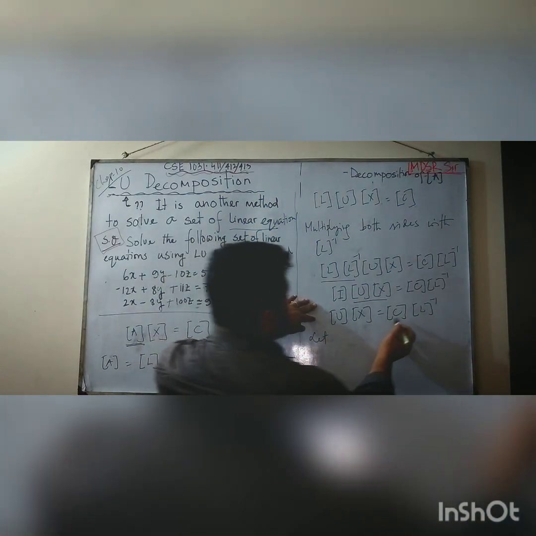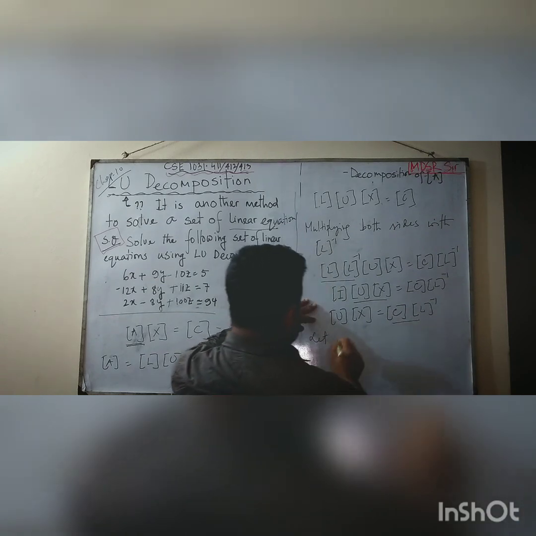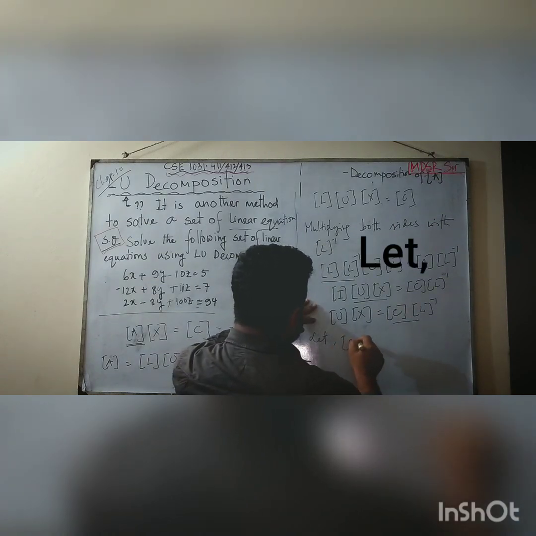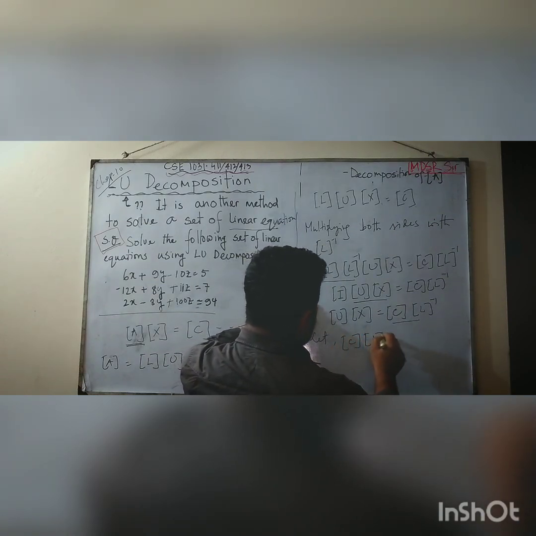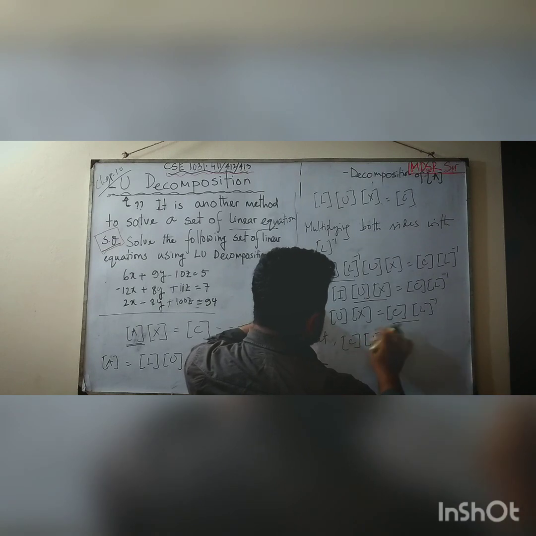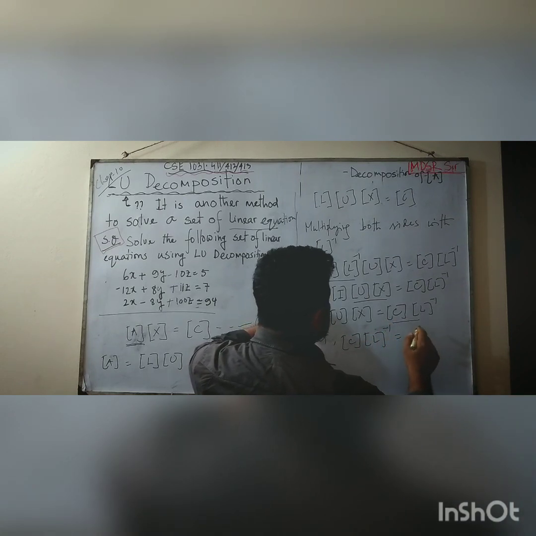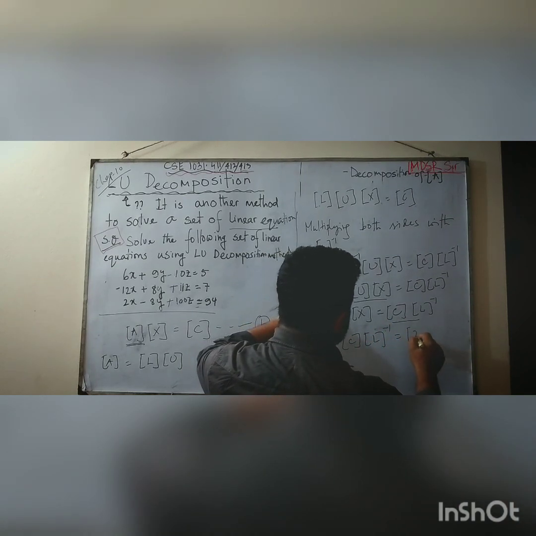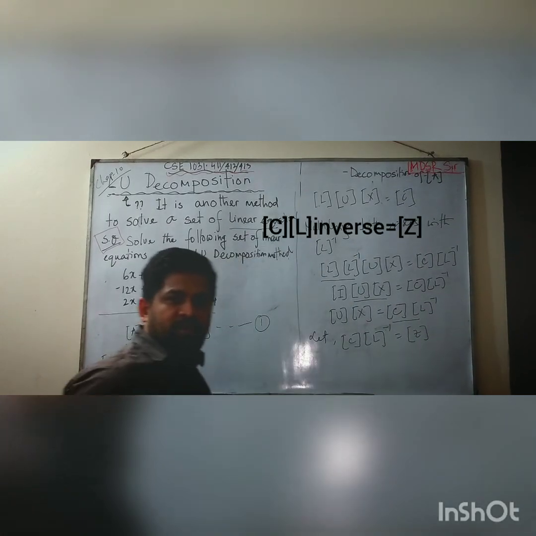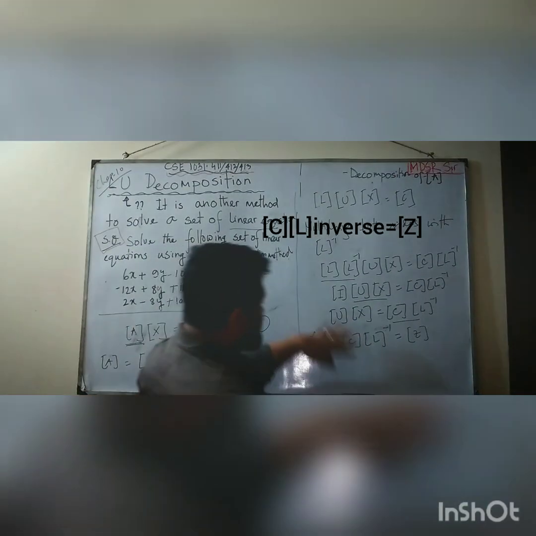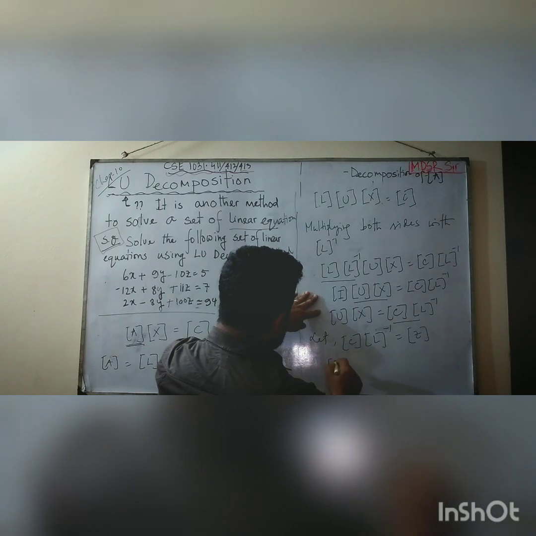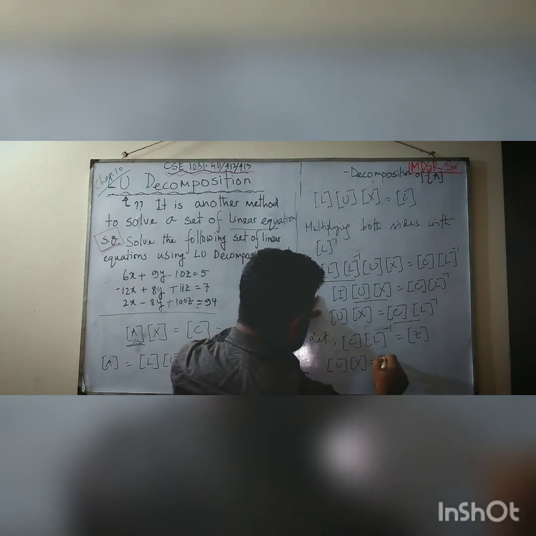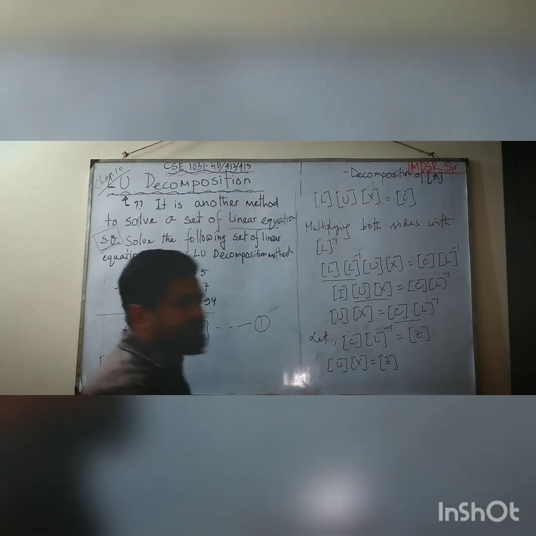let C into L inverse, the right hand side, equal to some sort of matrix Z. Alright? So we can say from here UX equal to Z. Make sense?